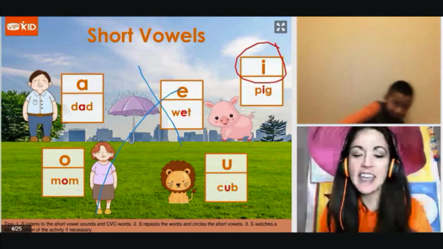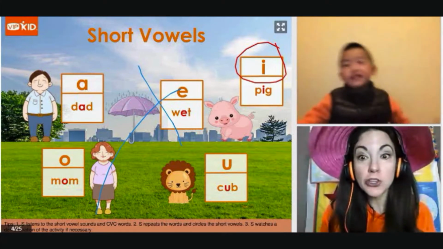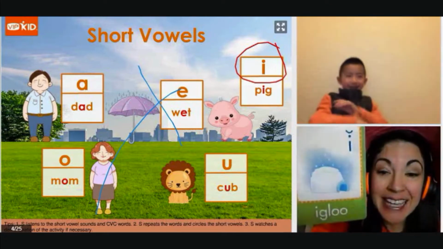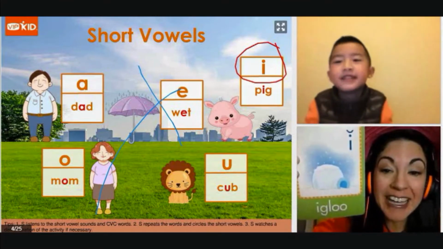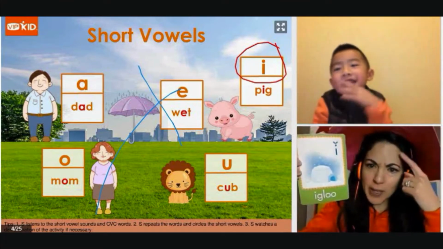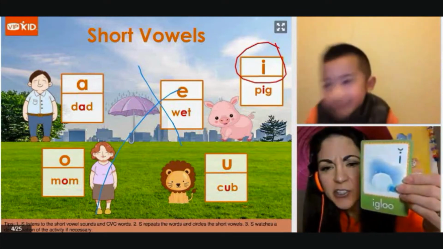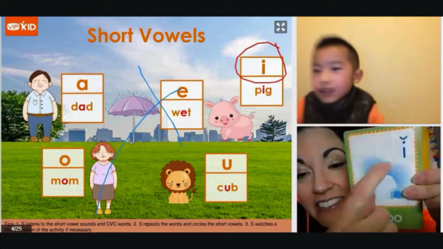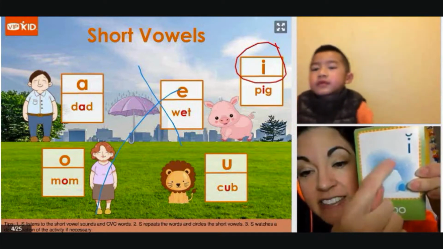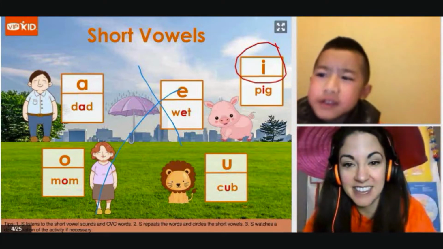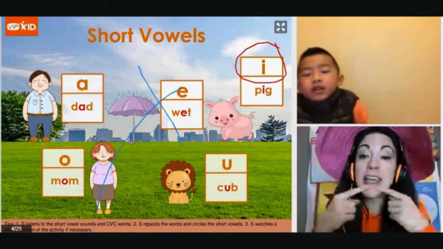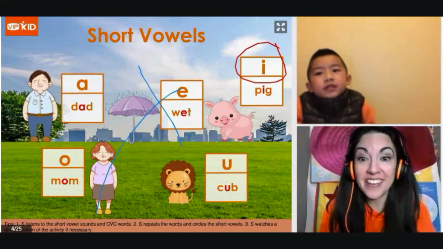Kid, good. Igloo. Do you know igloo? Blue. Igloo. What's this? Neil, what's this? Snow. You say, it is snow.